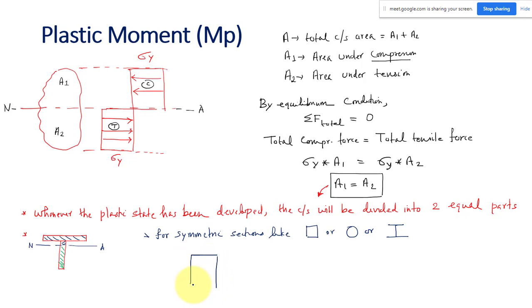Suppose you have a rectangular section, your neutral axis will be at the centroid or CG.